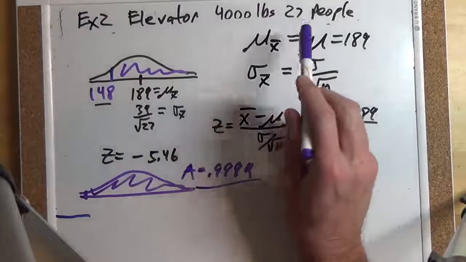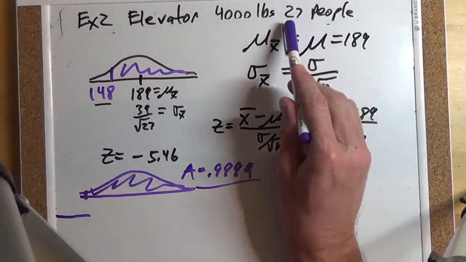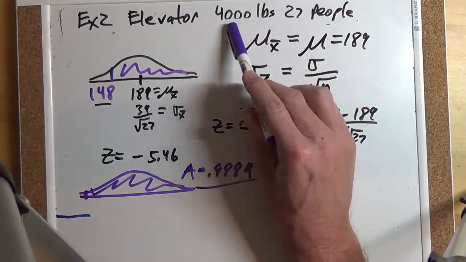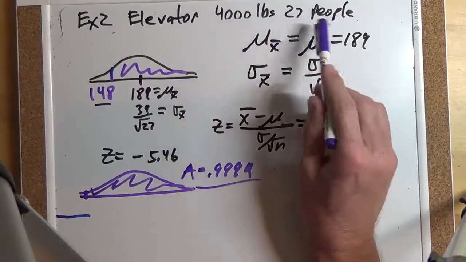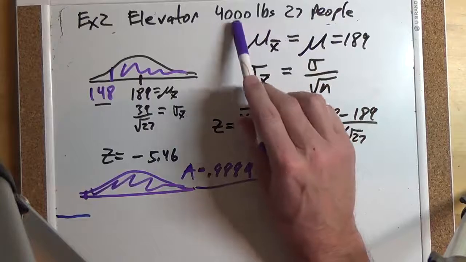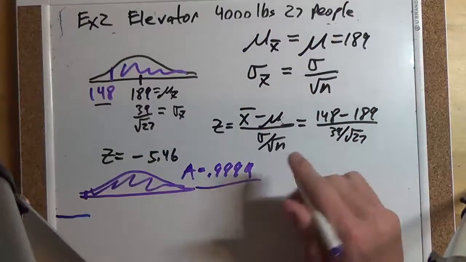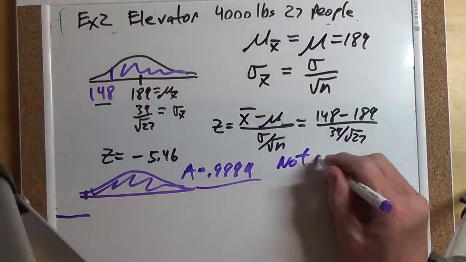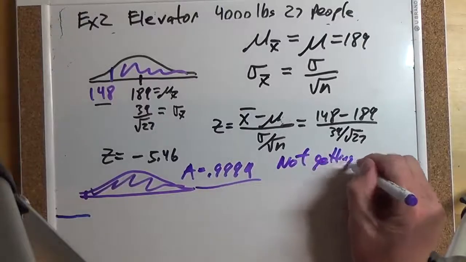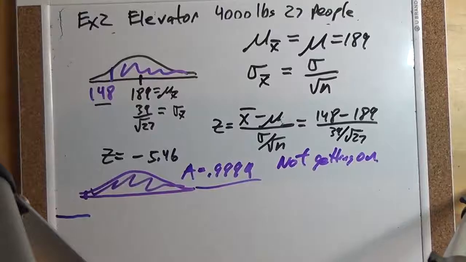So that means, remember 27 times 148 is 4,000 pounds. Well, if the mean weight is more than 148, we're bigger than this, you just say not getting on. So that's the central limit theorem.